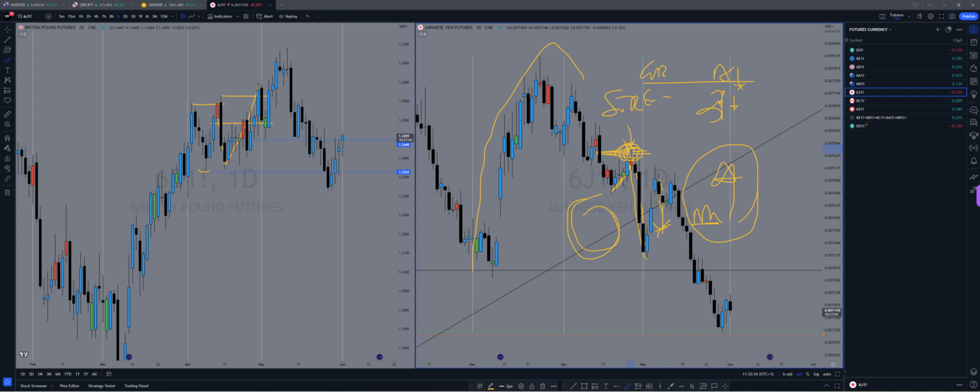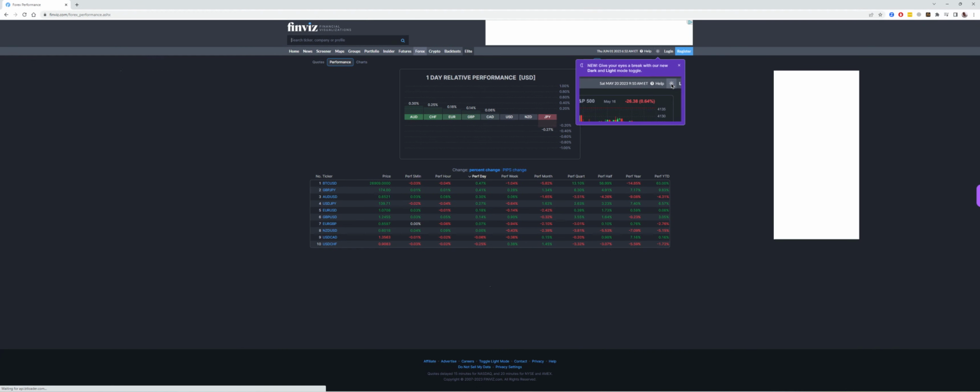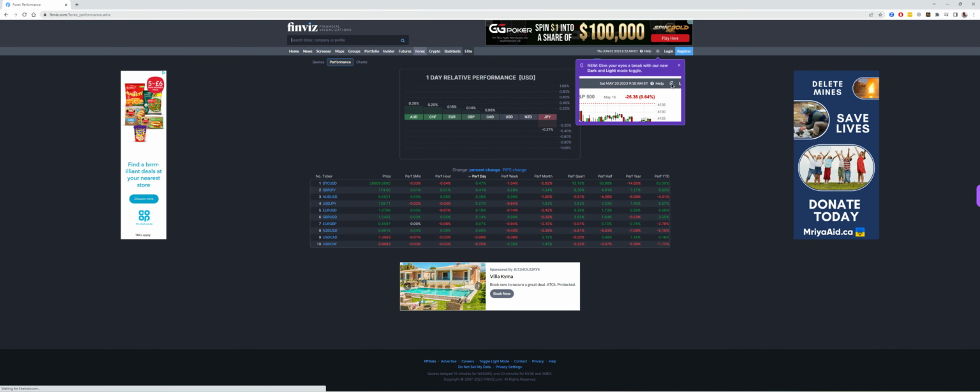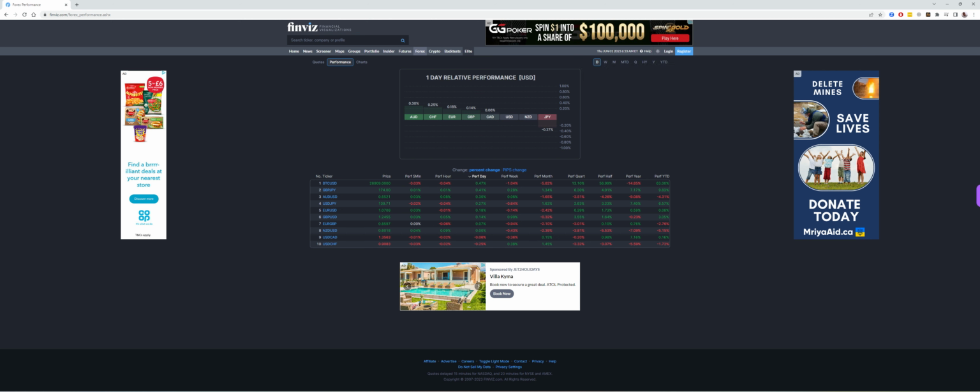So this is the website. It's called finviz.com, and you go to Forex and you go to performance, right? And then over here it gives you the performance relative to 1 day, relative to week, month. I like using day and week. I don't use month, so I use these two.